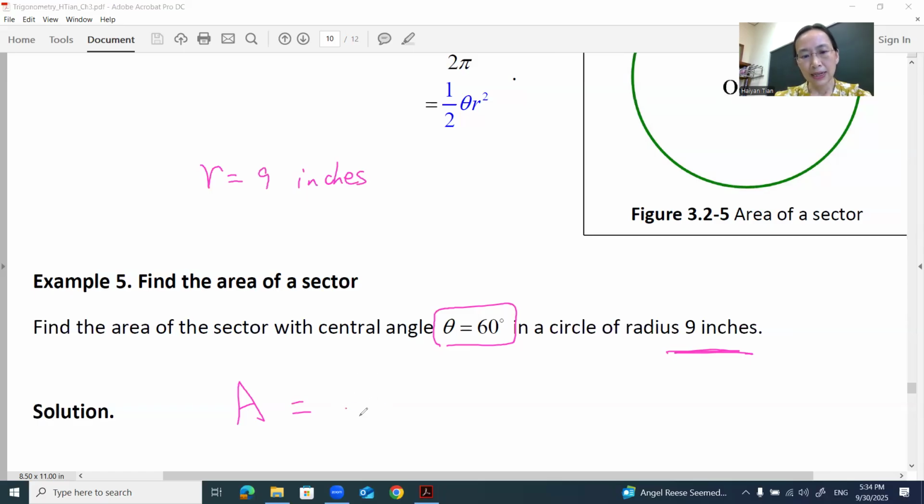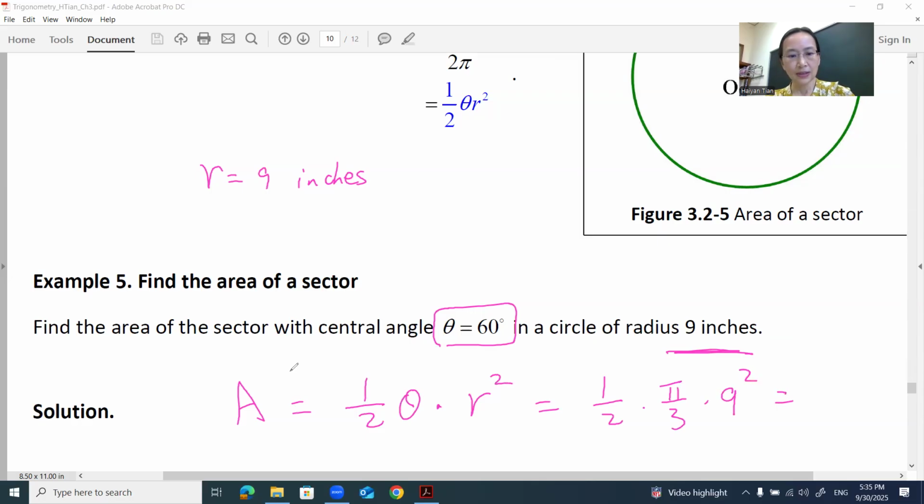The area will be half theta r squared, and the central angle has to be in radians. The 60 degrees is not yet in radians, so we have to convert it. 60 degrees in radians is pi over 3. The radius is 9, so r squared is 9 squared.